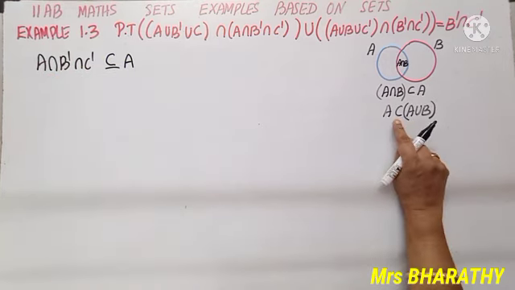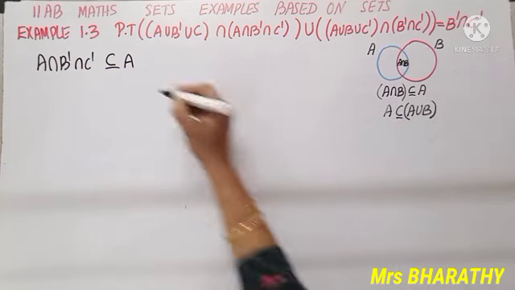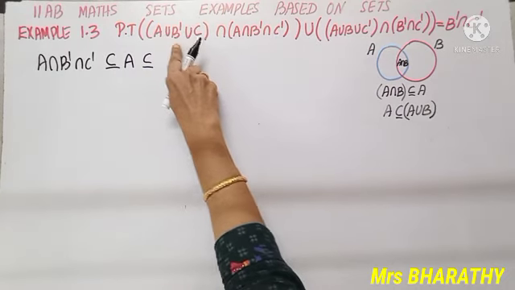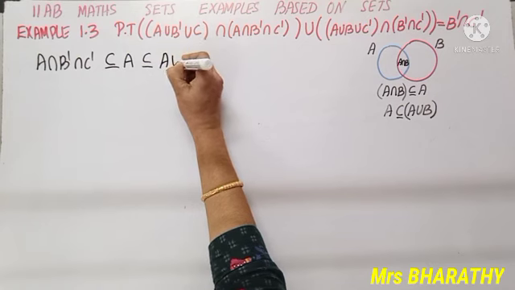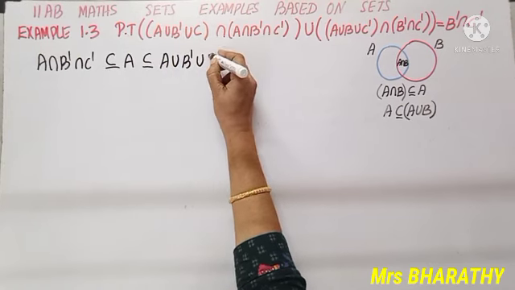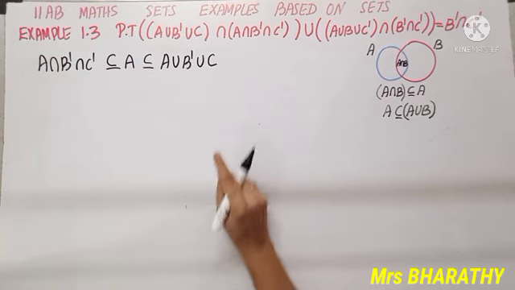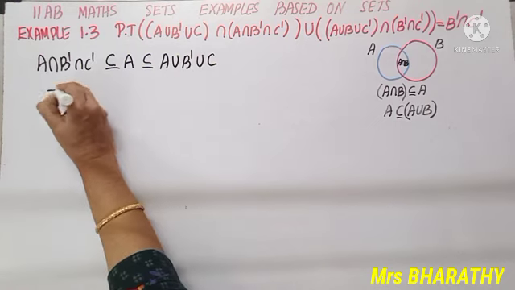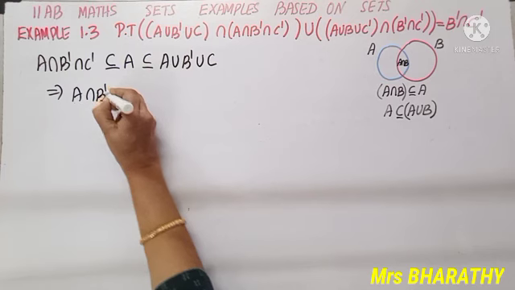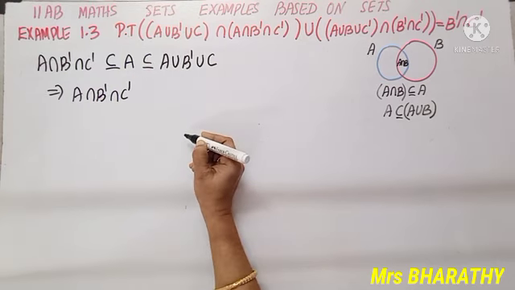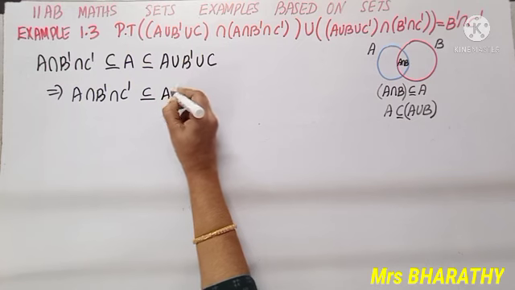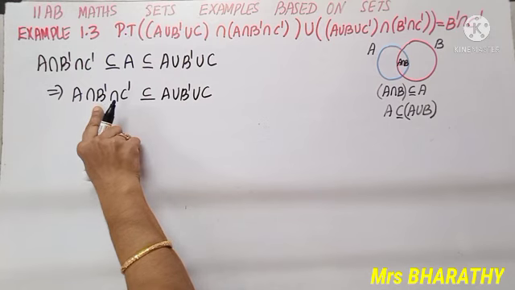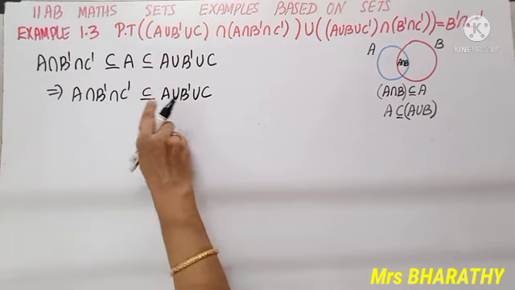But I know A is contained in A union B. So this is contained in this set because this is A union some other set, A union B dash union C. So automatically I understand this set is contained in this set. So this implies A intersection B dash intersection C dash is contained in A union B dash union C. Now this is the smaller set and this is the bigger set because it is contained.